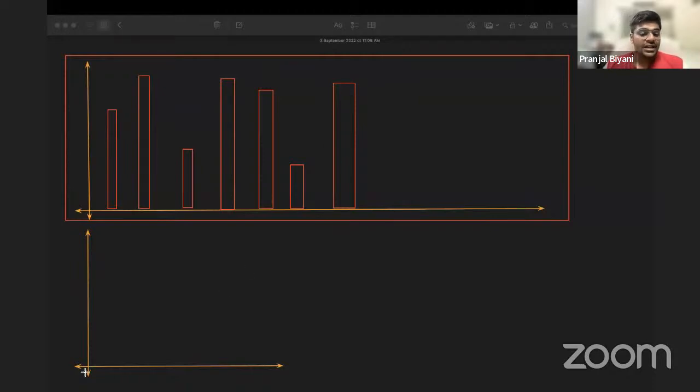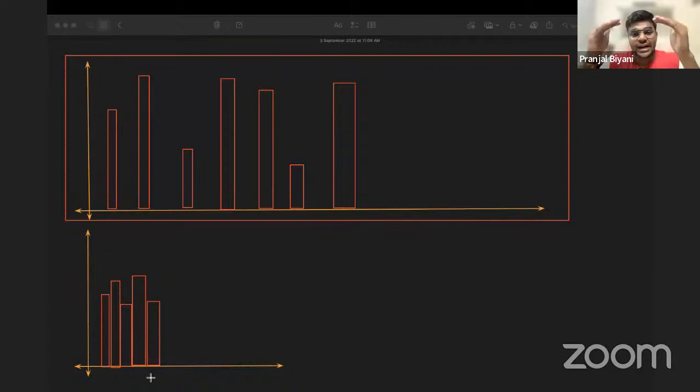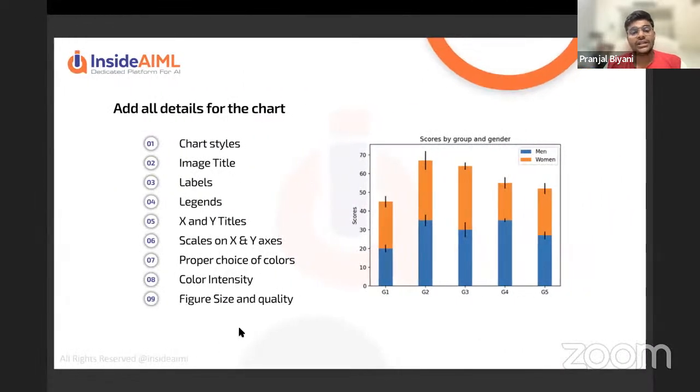On the other hand, if it is a smaller x-axis, then I will have to fit everything in a very small space, right? It will be a very close fit. Once that close fit comes, the other problem would also be that I have to give names to all of these, and those names will get merged together, which I don't want. Okay. So you have to also define the figure size and figure quality to suit the needs and proper clarity.